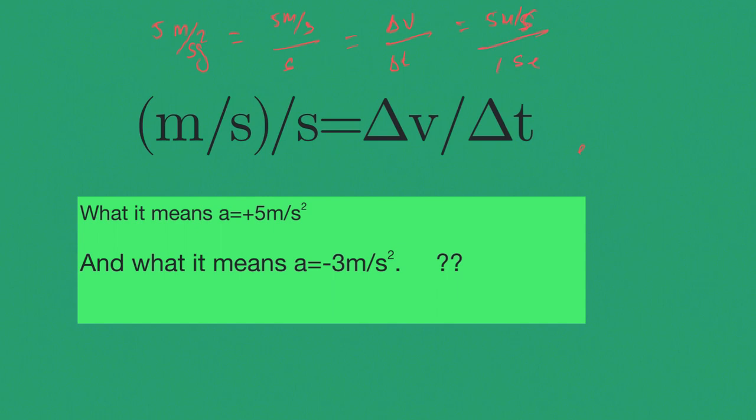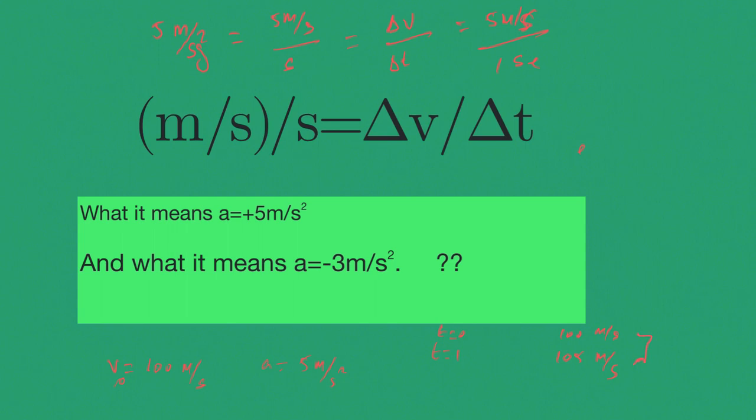It means that if you start with v equal 100 meters per second, and you have an acceleration of 5 meters per second squared, in every second your velocity will change by 5 meters per second. So if you start with 100 meters per second, in every second you will be added 5 meters per second. So after t equal 1 second, your new velocity will be 105 meters per second. When t equals 0, your velocity was 100 meters per second.